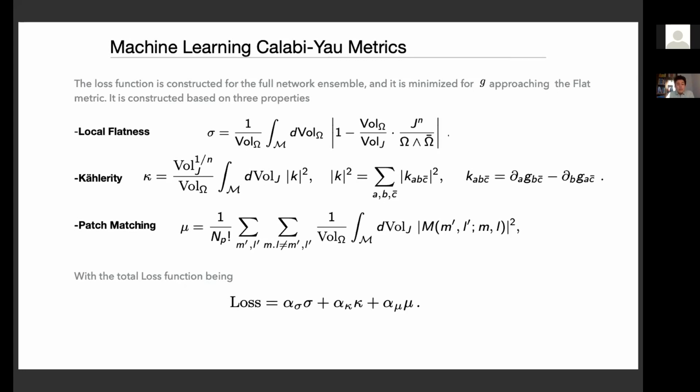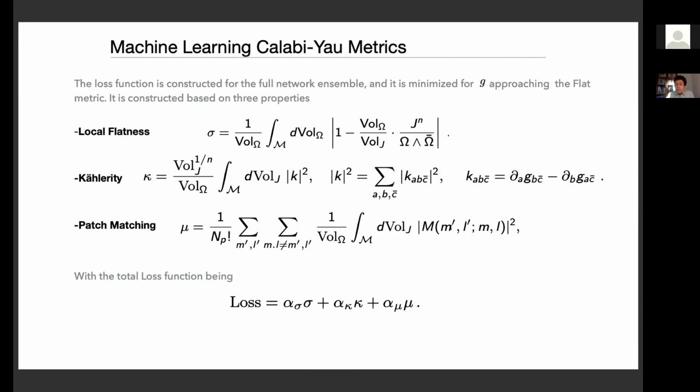And additionally, we have to ensure that over different patches, there is a matching of the corresponding metrics. So basically, again, here we integrate using the volume differential obtained from the metric approximation.